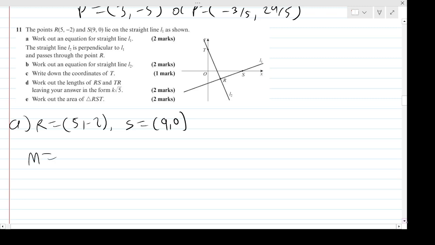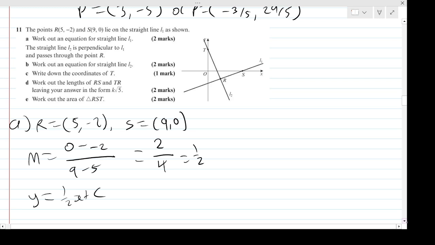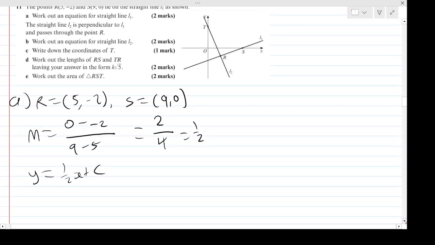So change in y firstly, S is 0, take away the other y value, so minus minus 2, and then change in x would be 9 take away 5, and that would get me plus 2 over 9 minus 5, which is 4, to get me a half. Cool. So then that means that y is mx plus c, so it'd be half x plus c.